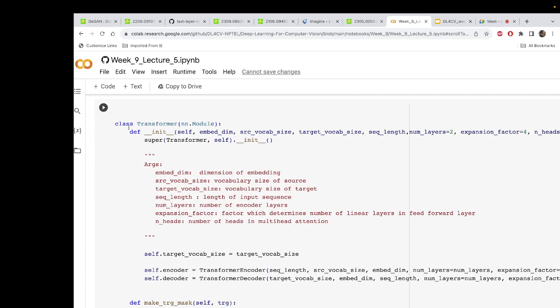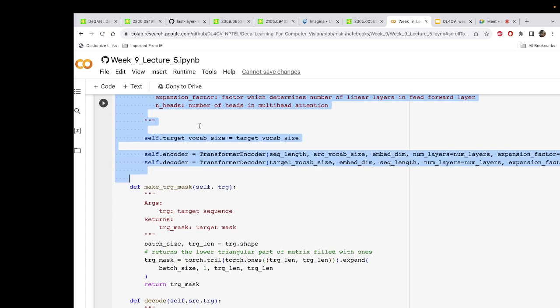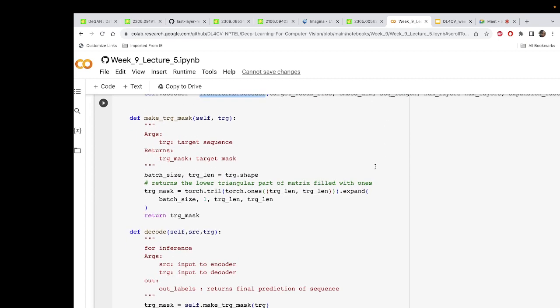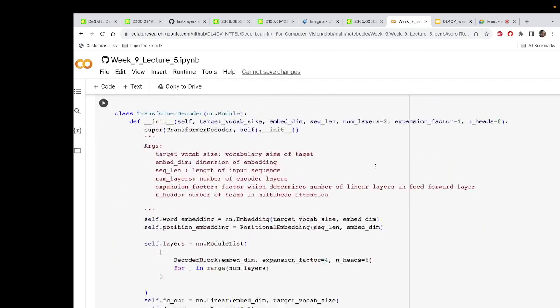And now the final code, this code basically comprises everything in the architecture, right. So, you can see that there is an encoder, there is a decoder, right. The encoder consists of a transformer encoder, the decoder consists of a transformer decoder class. All of these you can go back and refer, they are just above, right.